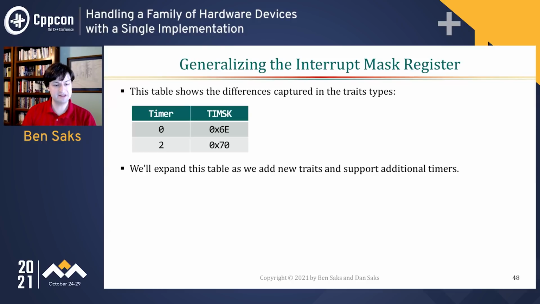So this table here, pretty simple right now. This shows the differences in our traits that our traits types are currently reflecting. And right now there's just the one difference in the location of the interrupt mask registers, but we're going to go ahead and add more on going forward as we support new traits and additional timers.